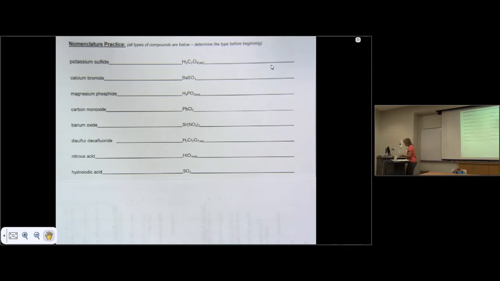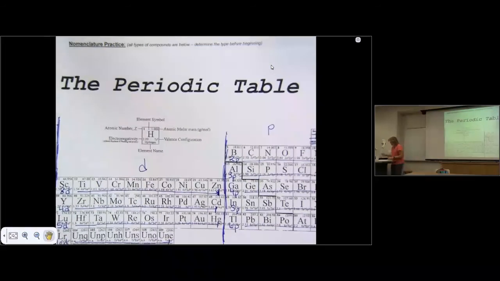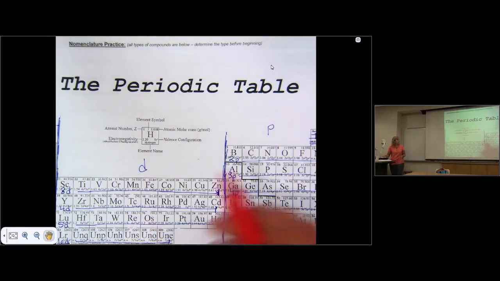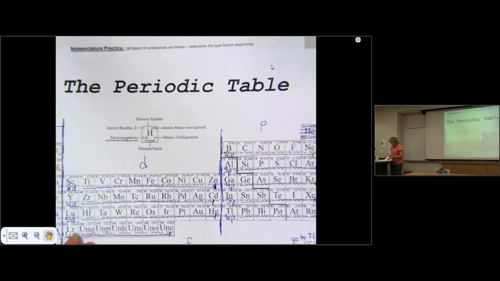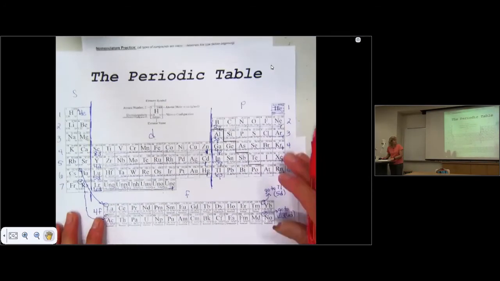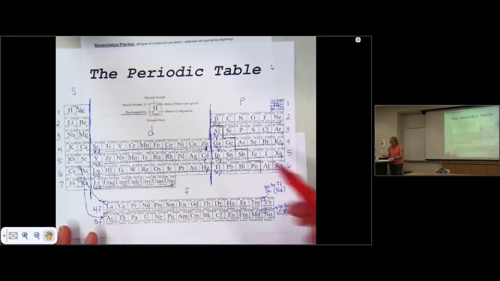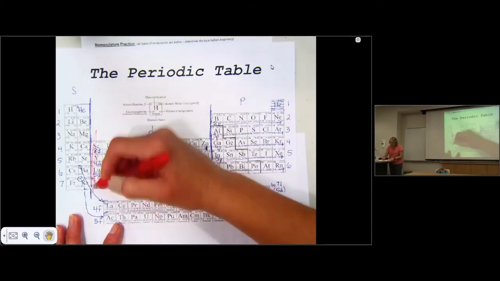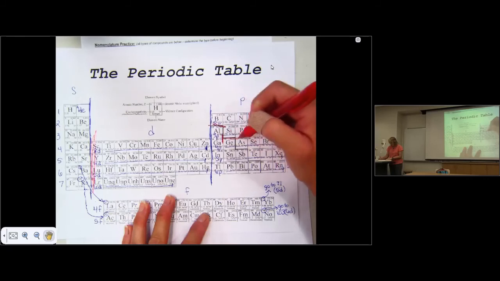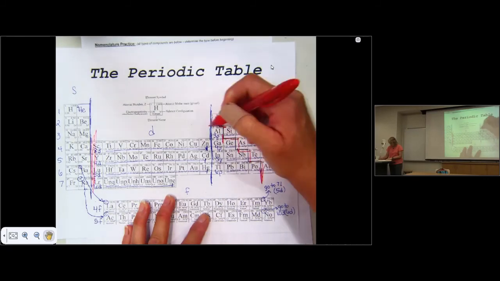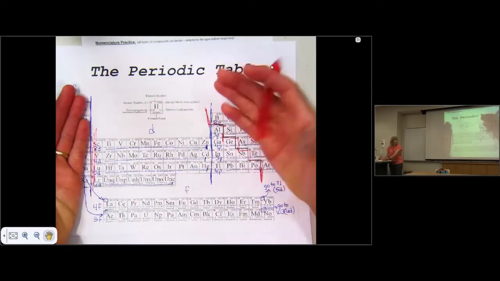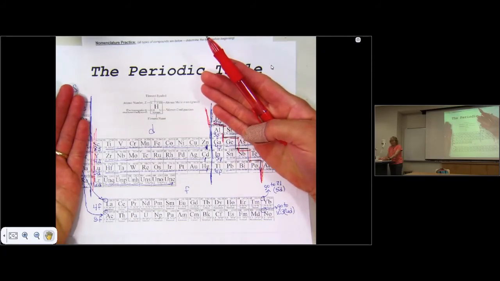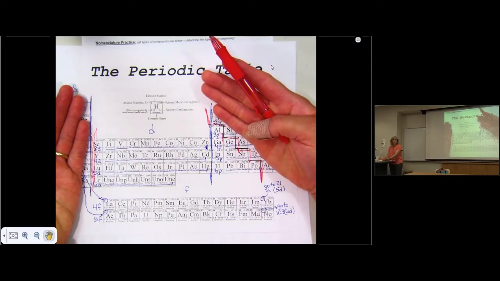Just a reminder, for the purpose of nomenclature, this area that I have put the red around, this area is called transition metals for the purpose of nomenclature.